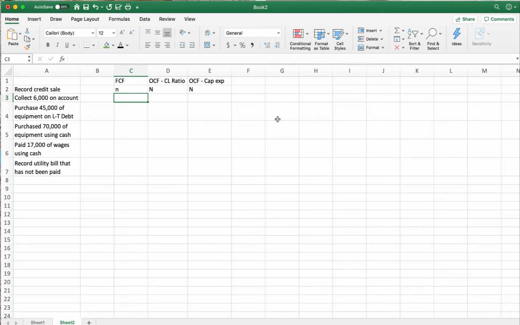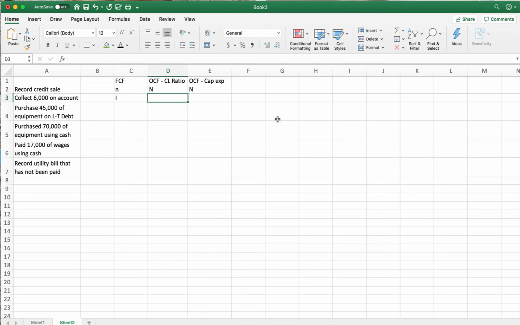We're decreasing a receivable, right? A current asset is going down. That means that we need to add that into cash provided by operating activity. So that would actually increase free cash flow.